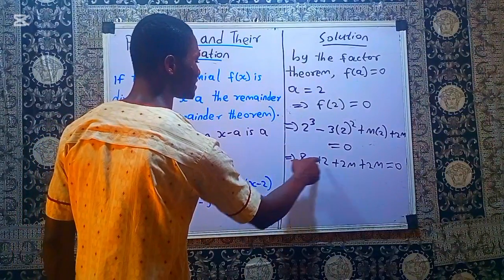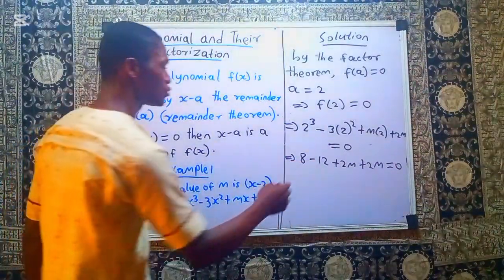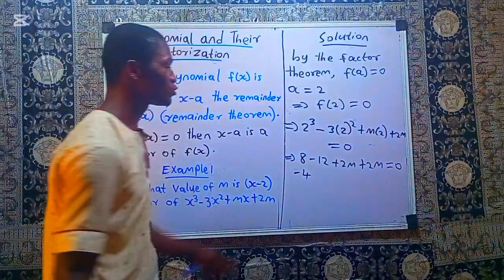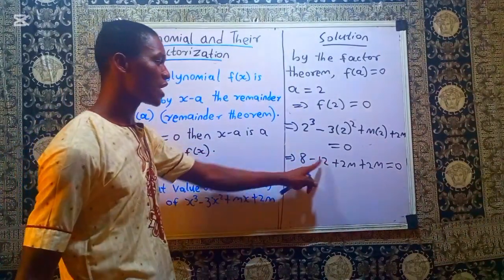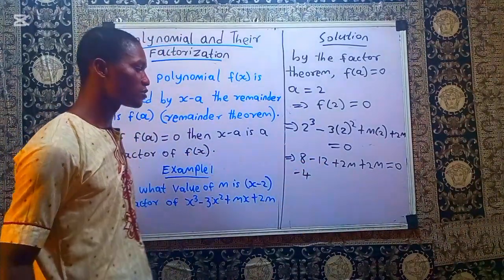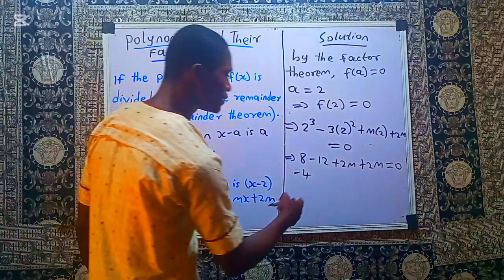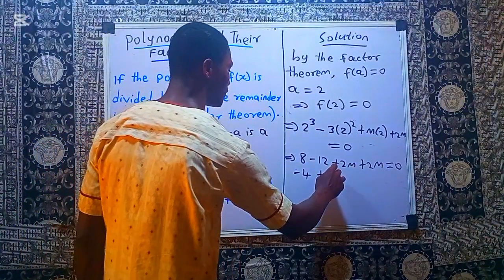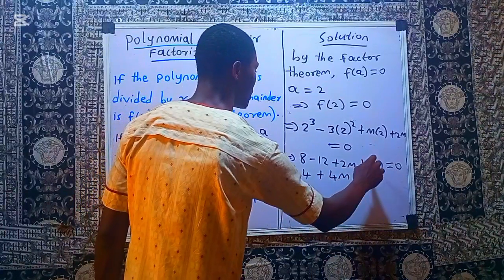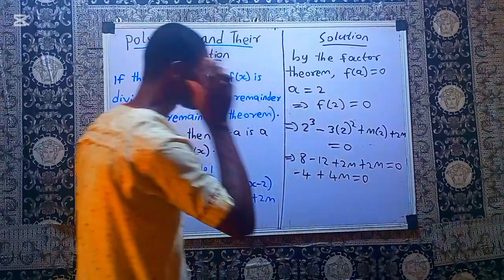So if you do 8 minus 12, you are going to get negative 4, because you are removing a bigger quantity from a smaller quantity. 12 is bigger than 8, and you are removing 12 from 8, so our answer is negative 4. And 2m plus 2m will give us 4m, equal to 0.